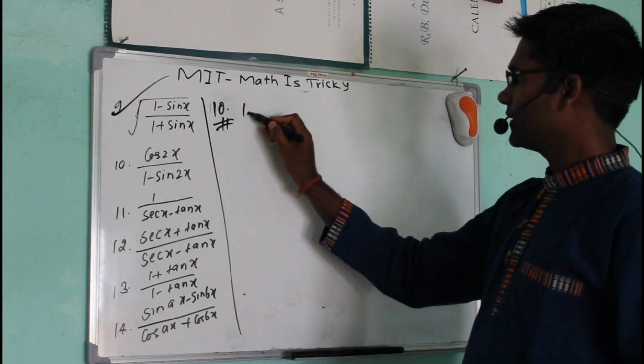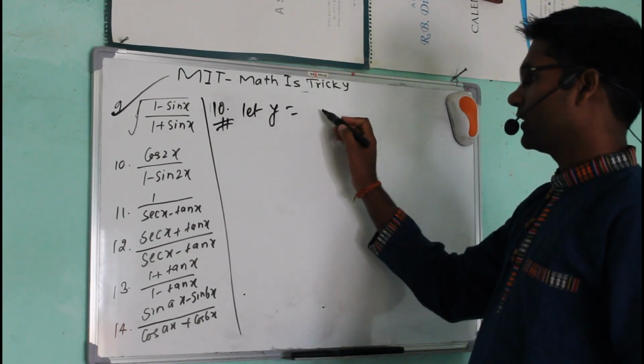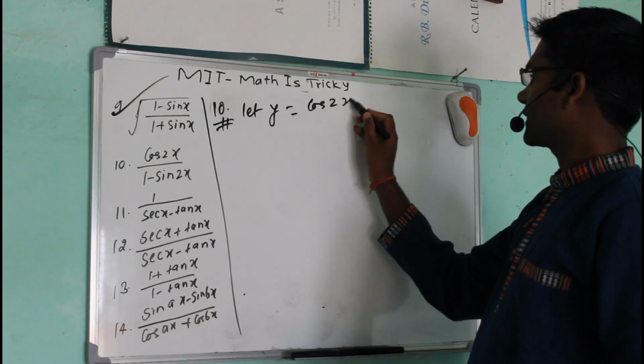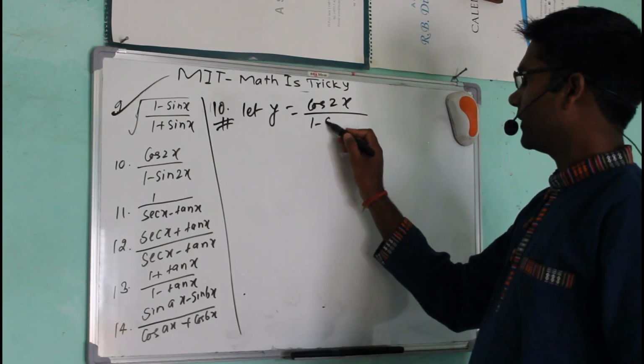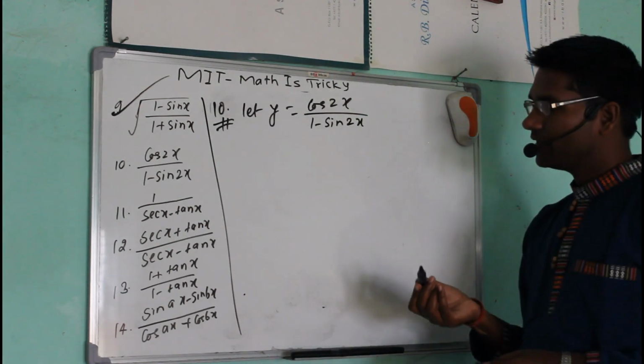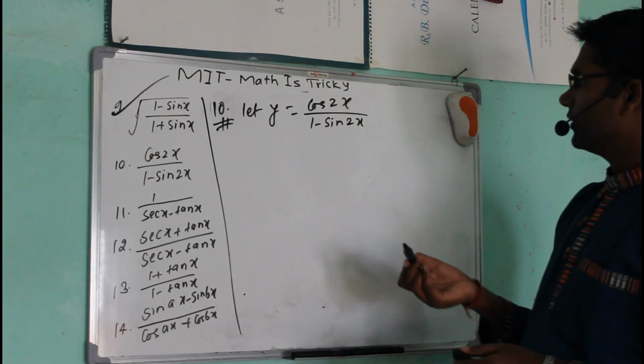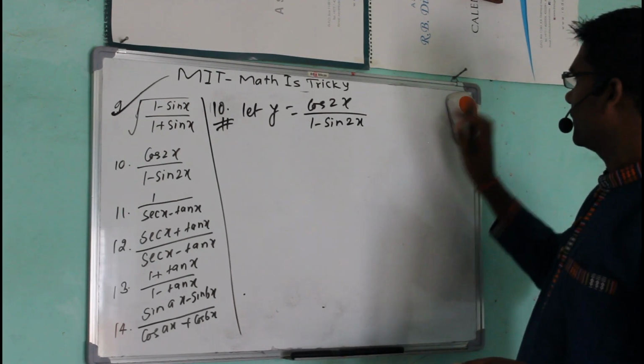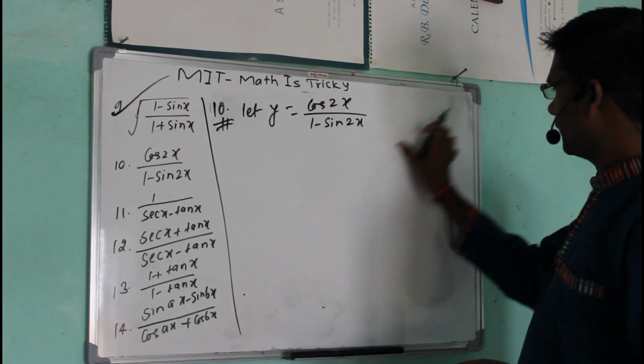So it is here, let y equals cos 2x by (1 minus sine 2x). Again, this problem also can be solved in different ways. What we can do here, for this we can use a formula for the numerator.